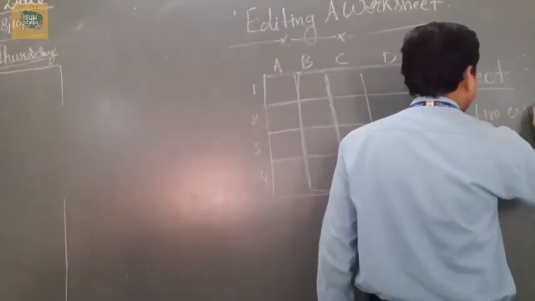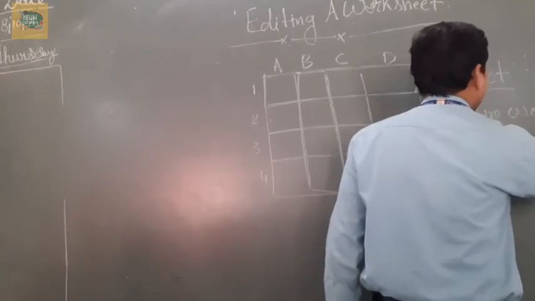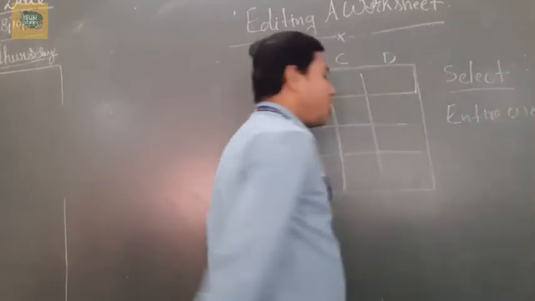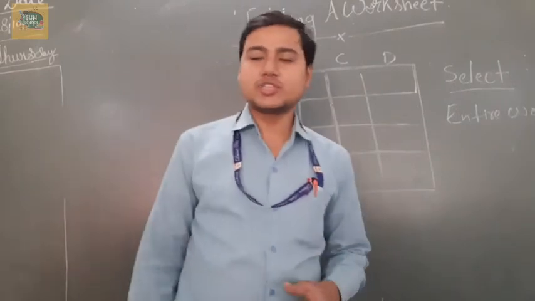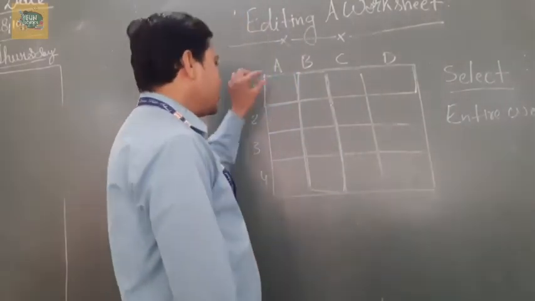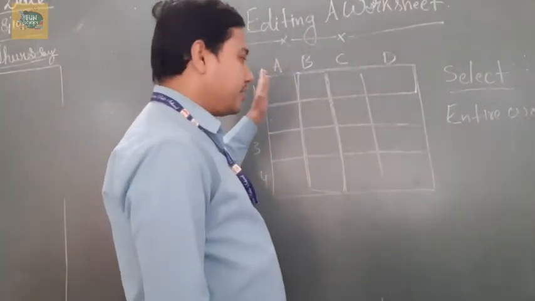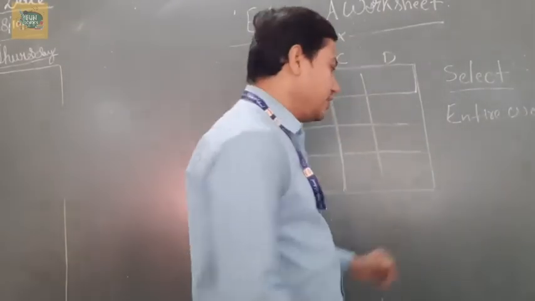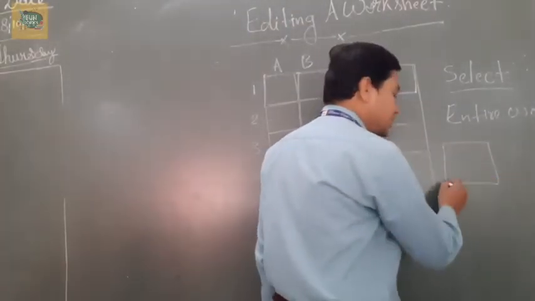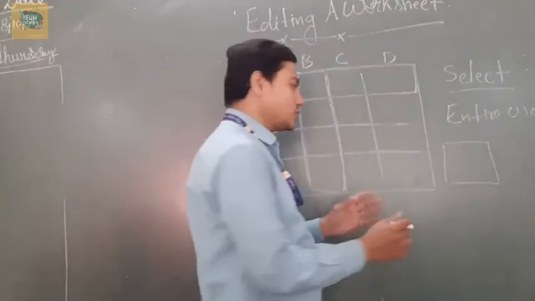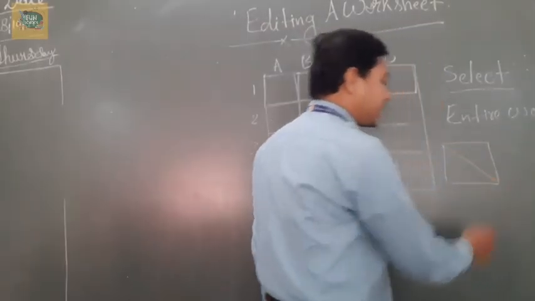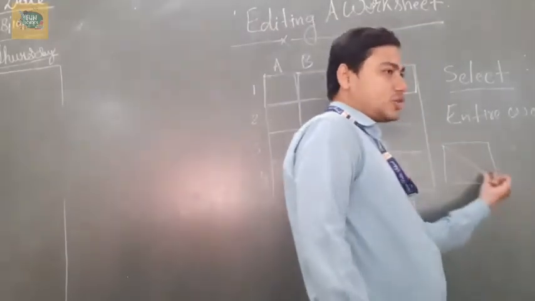So how can you select the entire worksheet? For selecting the entire worksheet, you have to click anywhere in the cell and drag it diagonally. Diagonally means, suppose this is a rectangle, and you drag it diagonally, it looks like this.